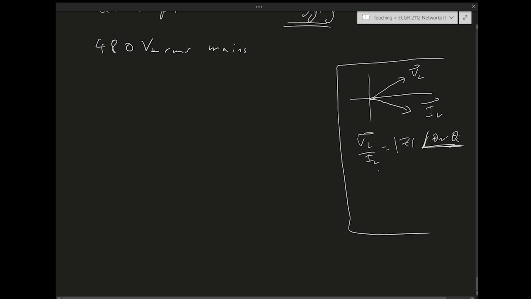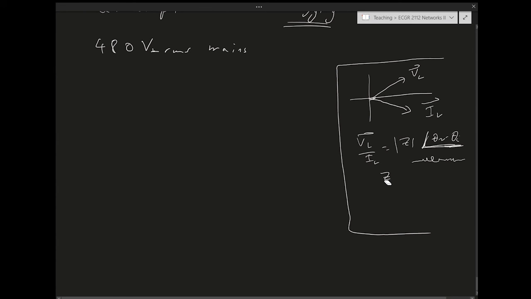So if I look at Z, typically this impedance I get with a positive angle here because the current is lagging. Typically I get a positive angle when I have a mix of an inductor and a resistor.